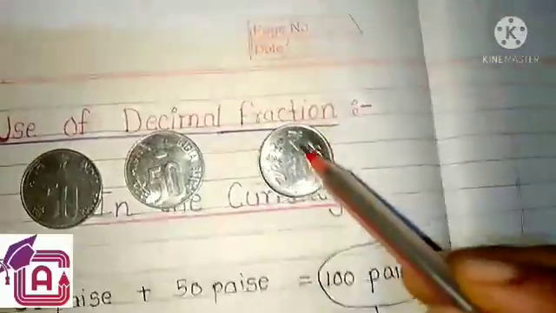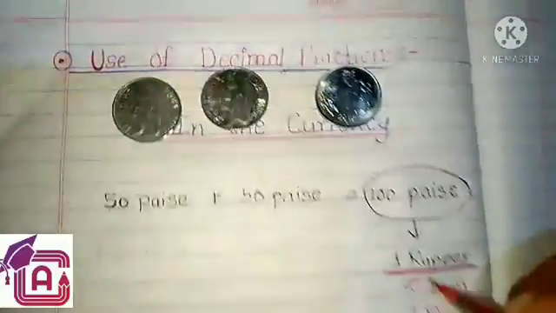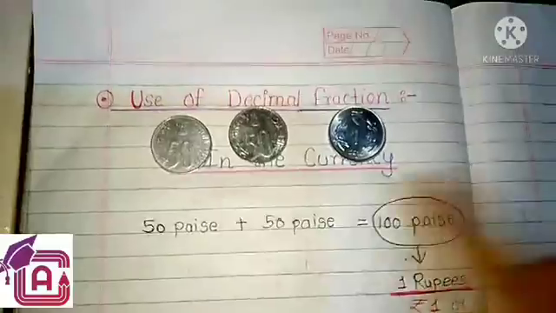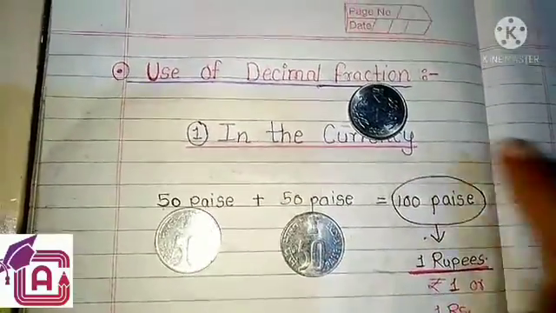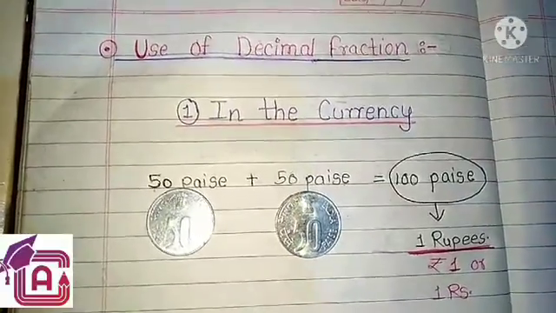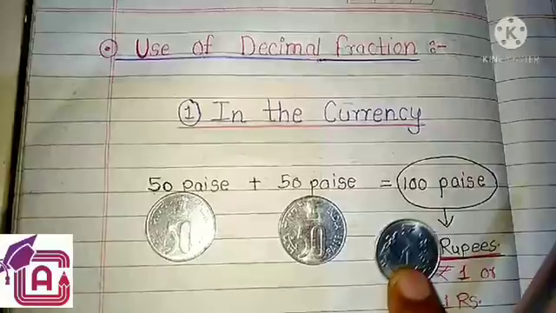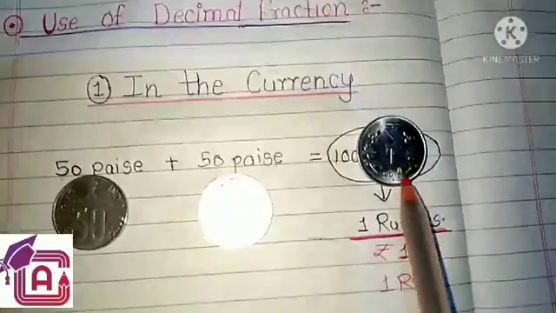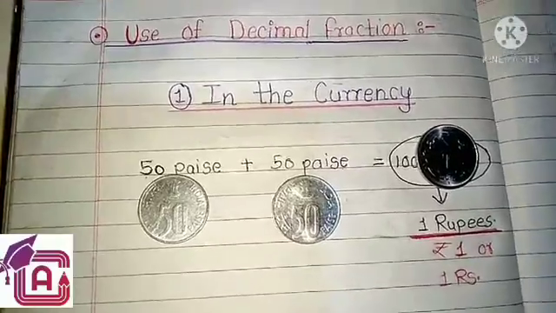You can also see that the symbol of the new rupee sign is given on our coin. So if we combine a 50 paise coin with another 50 paise coin, we get 50 plus 50, 100 paise, and 100 paise is equal to 1 rupee.